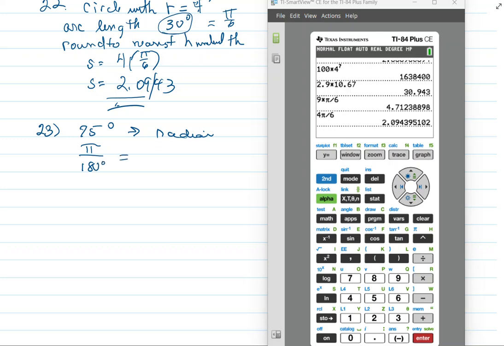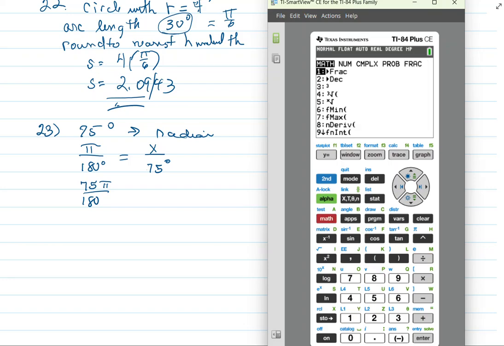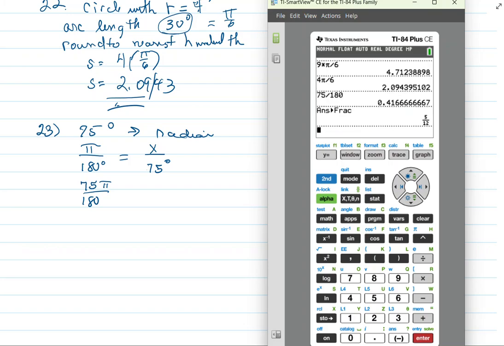So we're going to say, what is this at 75 degrees? What is that? 75 divided by the 180. Math frac. 5/12.